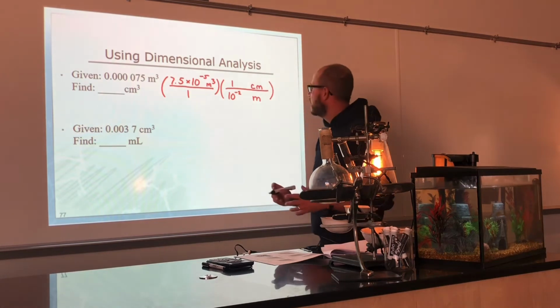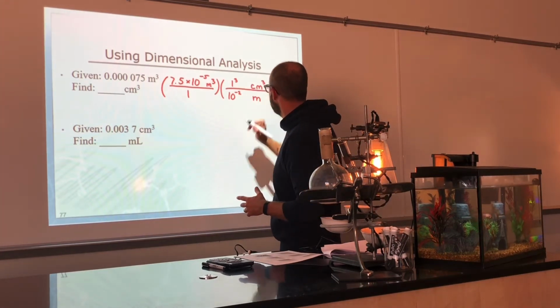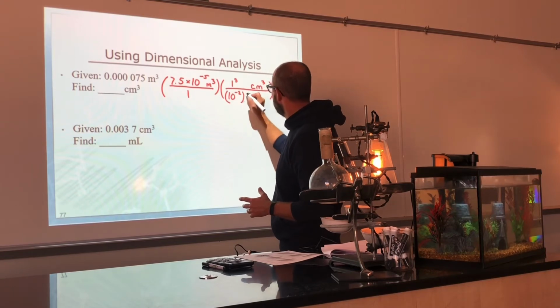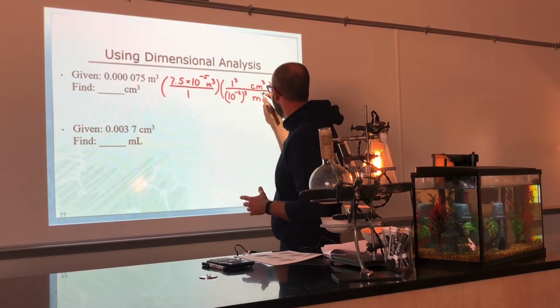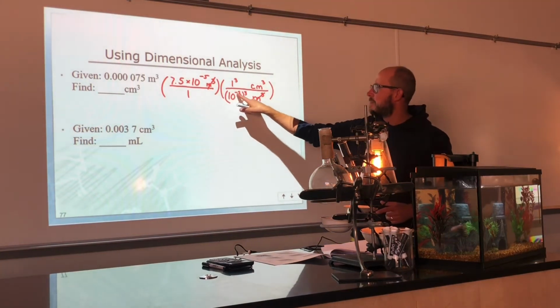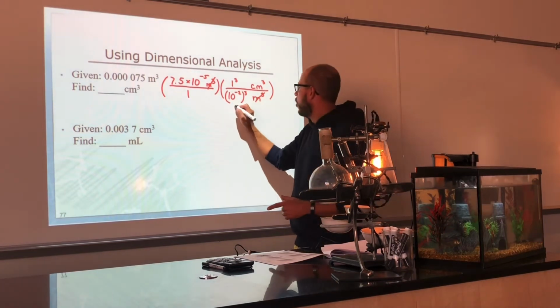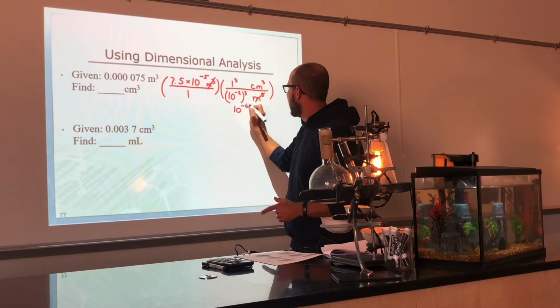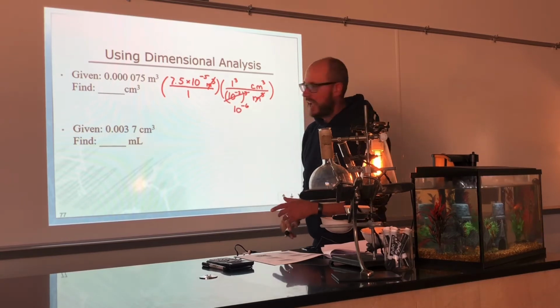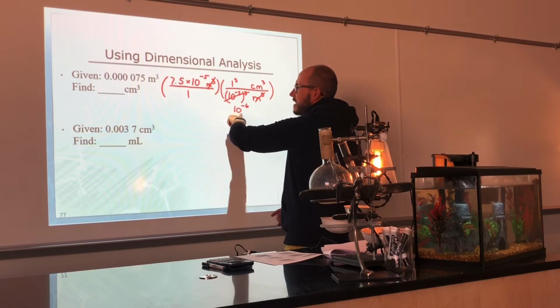Now the next thing I do is cube every factor. So this becomes 1 cubed, centimeters cubed, 10 to the minus 2 cubed, and meters cubed cancel. When you raise an exponent to a power, this 10 to the minus 2 is going to become minus 2 times 3, or 10 to the minus 6. So what I end up with is this number divided by the 10 to the minus 6.